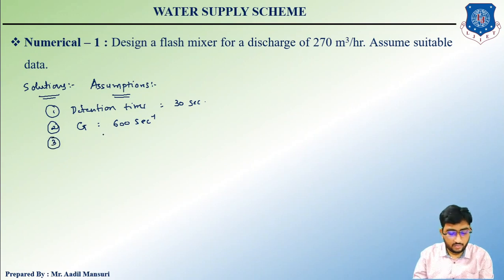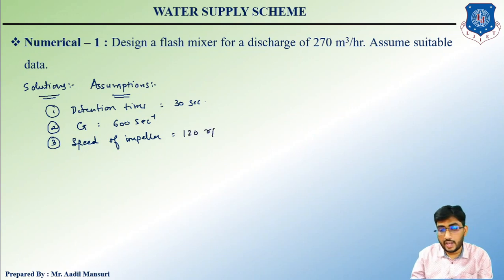Then third, speed of impeller, we will go for 120 rpm. Then ratio of height to diameter, how much we will take? 1.5 is to 1.